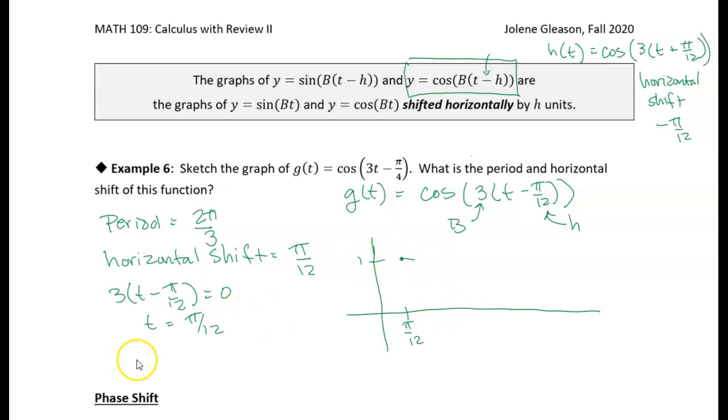And then we can also find the end of a cycle, where 3 times t minus pi over 12 is equal to 2 pi. If you solve this, divide both sides by 3 and then add pi over 12, I ended up with t equal to 3 pi over 4. So it ends at 3 pi over 4.